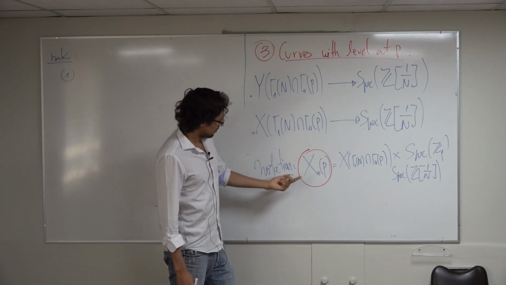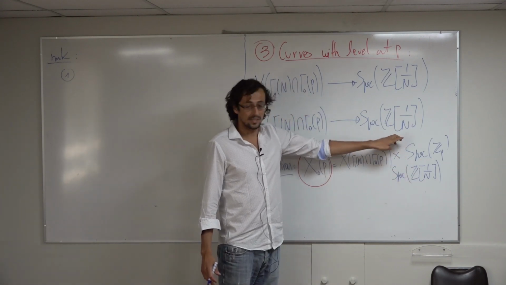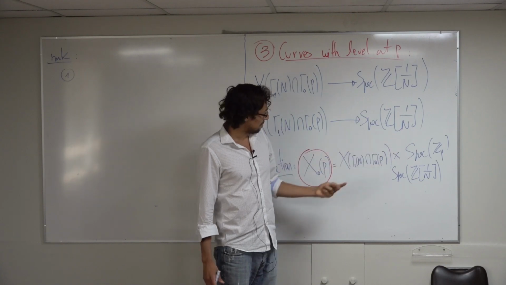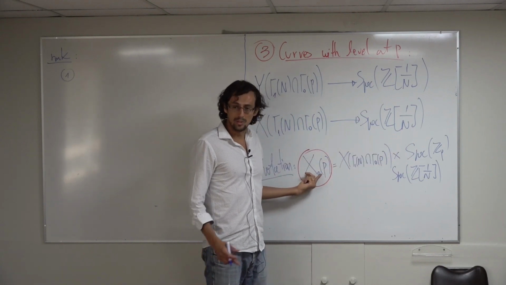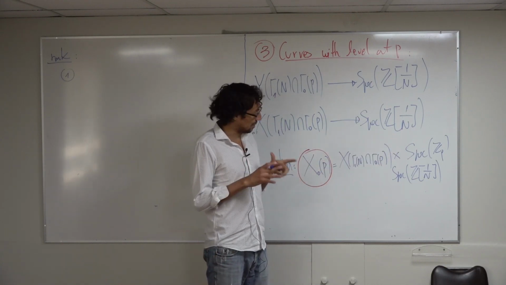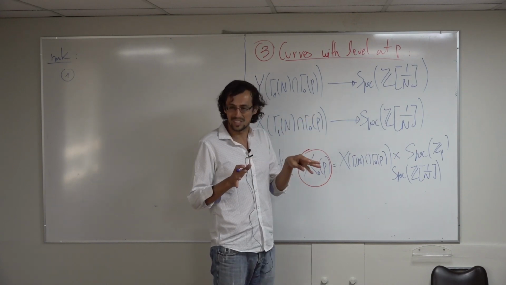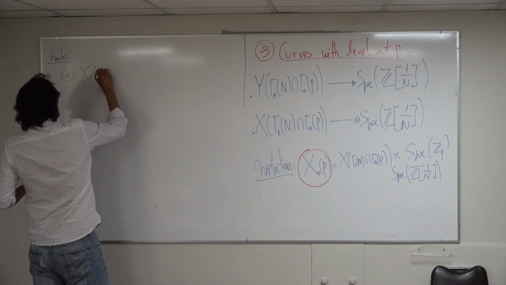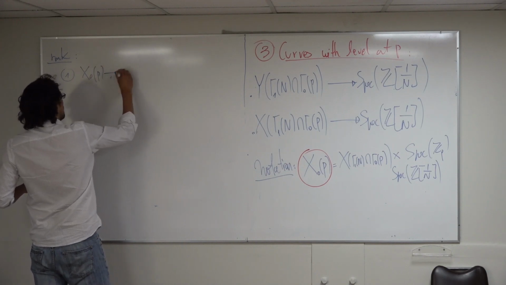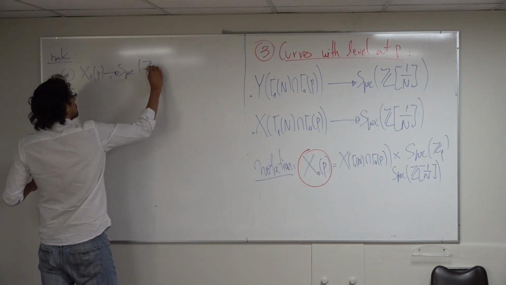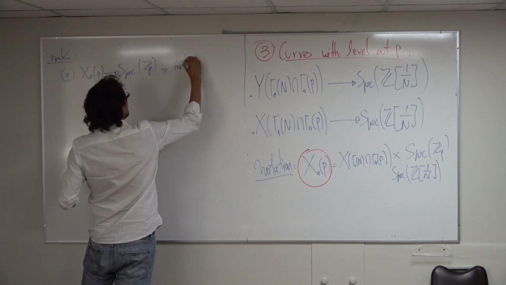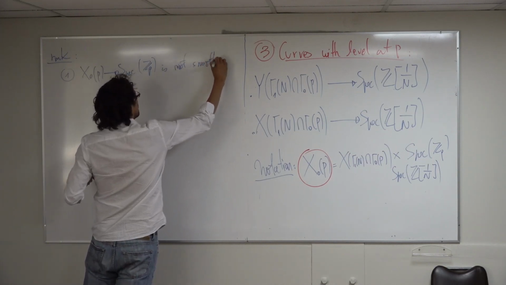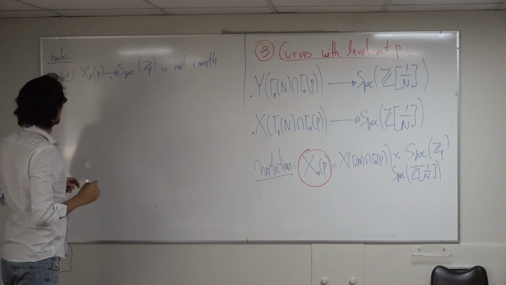That makes sense because it's defined over Z[1/N], but this curve now is not smooth. You see the difference: the picture of X is very nice and smooth, but X_0(p) is not smooth.